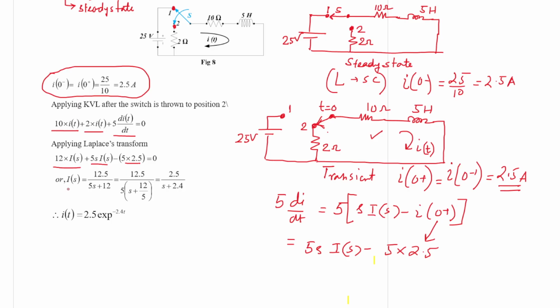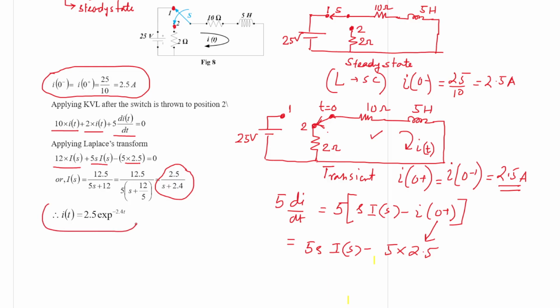Now if you solve this, I(s) will become 12.5 by (5s plus 12). If you take 5 common, it is 12.5 by 5, and ultimately if you simplify it becomes 2.5 by (s plus 2.4).